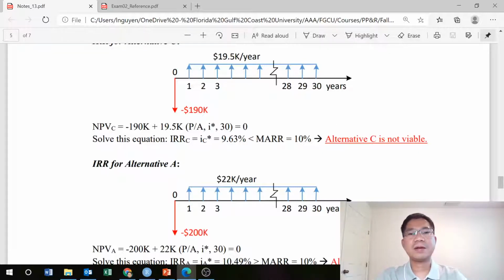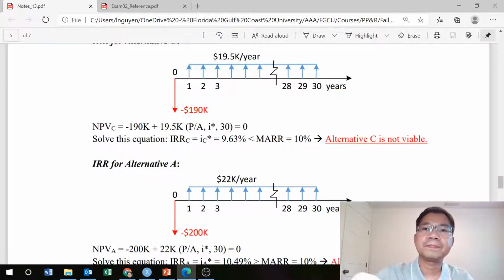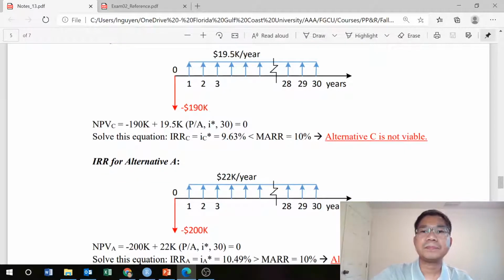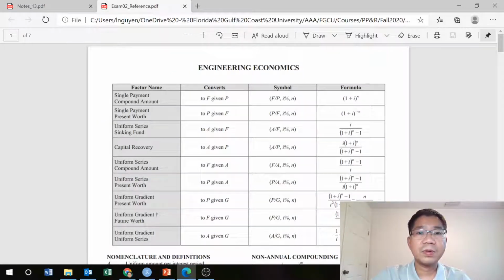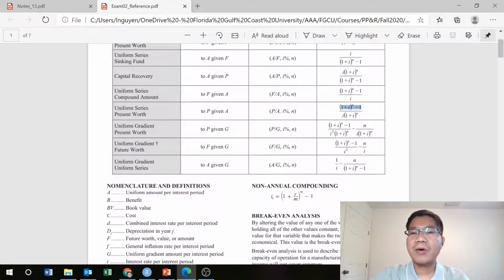If you recall the P over A factor, we have an equation for that: P over A equals (1 plus I) to the power n minus 1, over I times (1 plus I) to the power n.